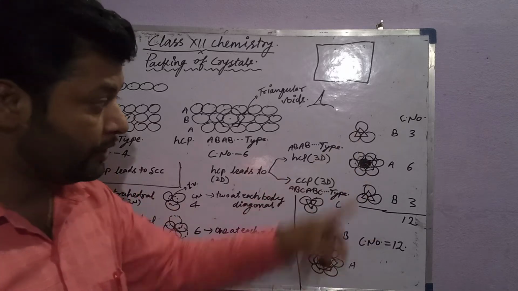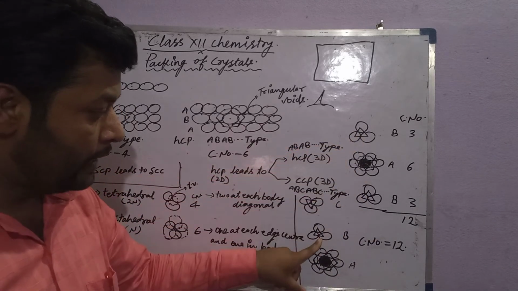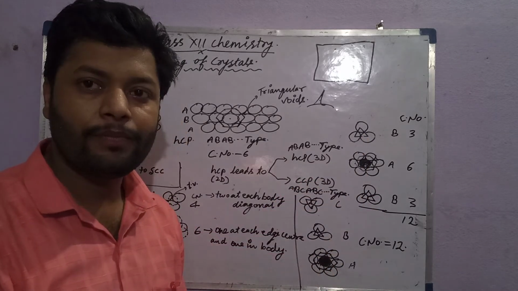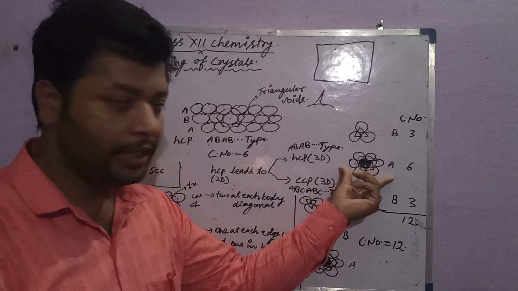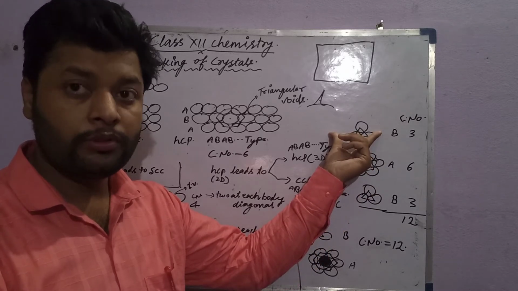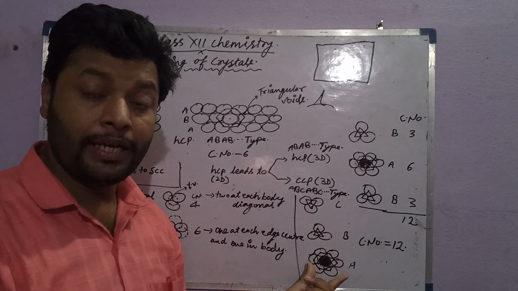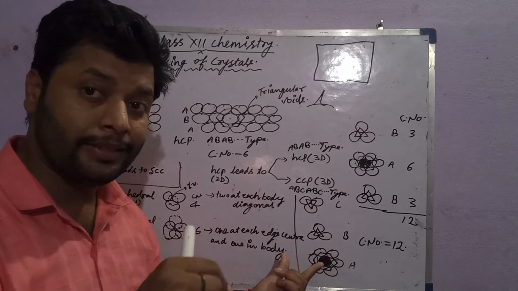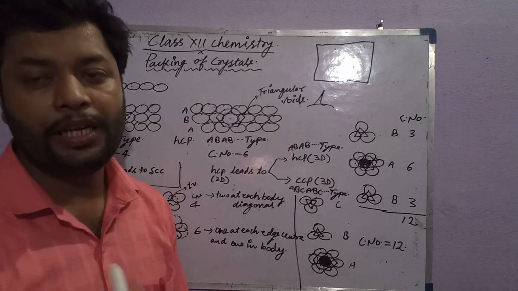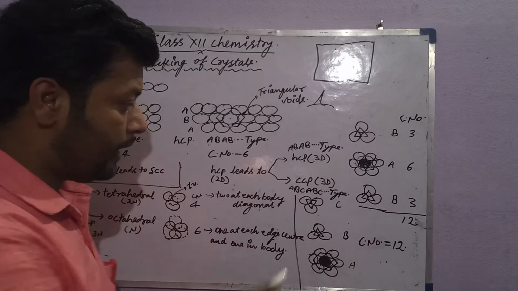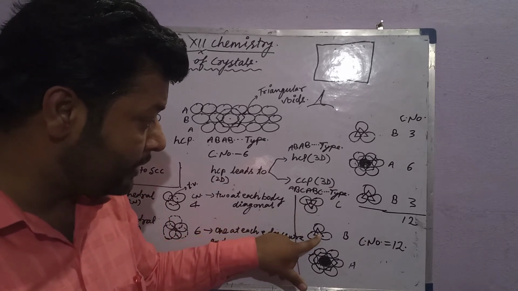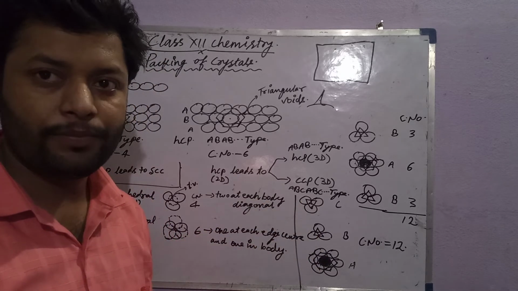As in HCP, you can see in CCP here, two layers are similar: hexagonal 2D, then a triangular second layer. But now the interesting thing is the third layer is not like the second layer. The third layer takes the whites of the second layer.